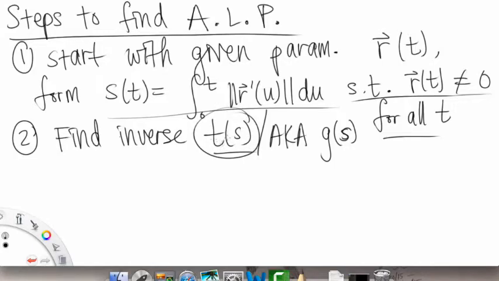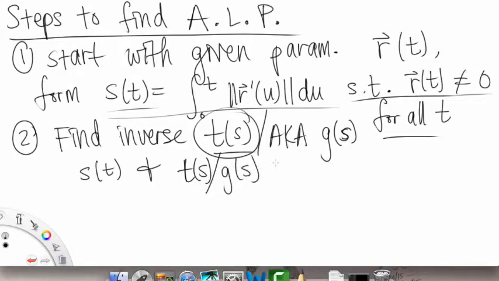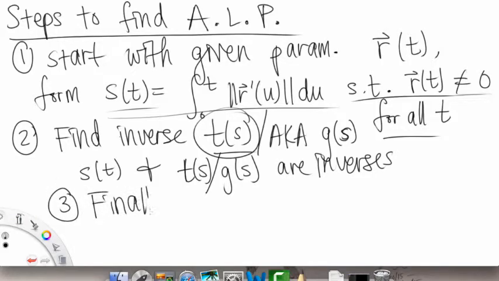I like to think of t of s because then I know this is the function t in terms of s, so that should be the inverse of s of t. So s of t and whatever you have, t of s, aka g of s, are inverses. Alright, so once you find this t of s, the third step is the final step. So 1, 2, 3, kind of nice, right?